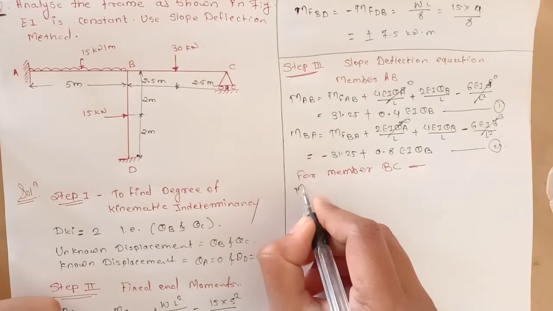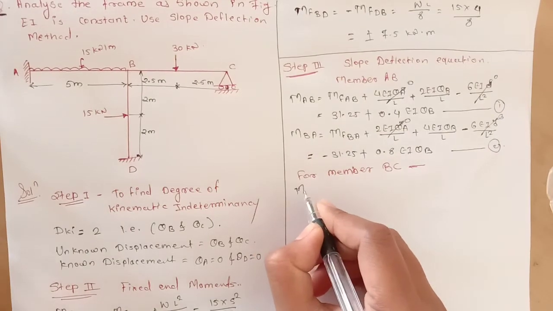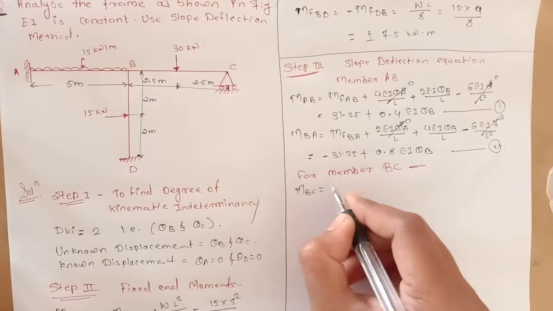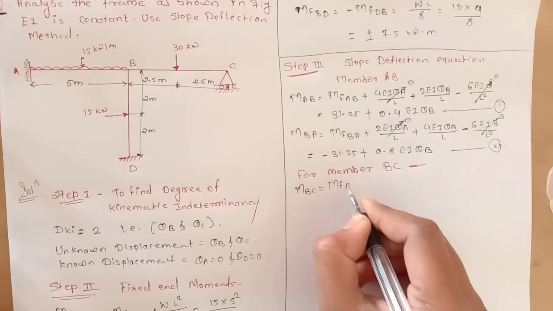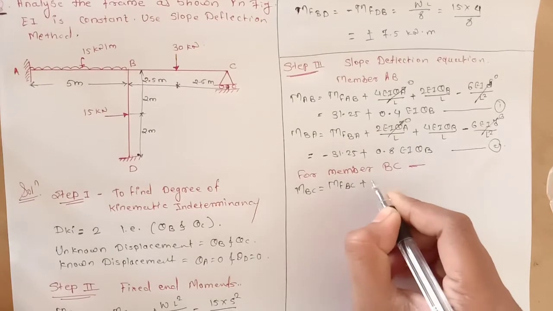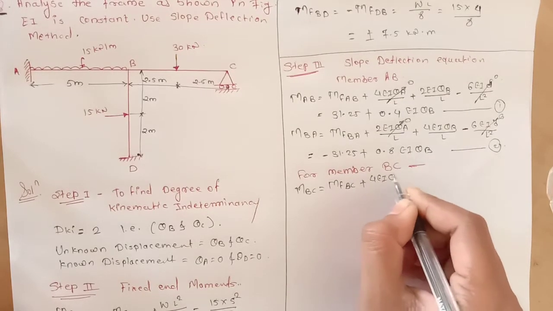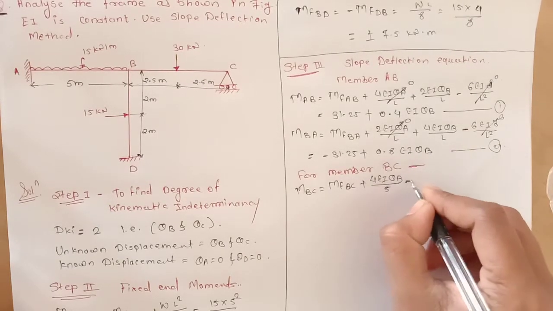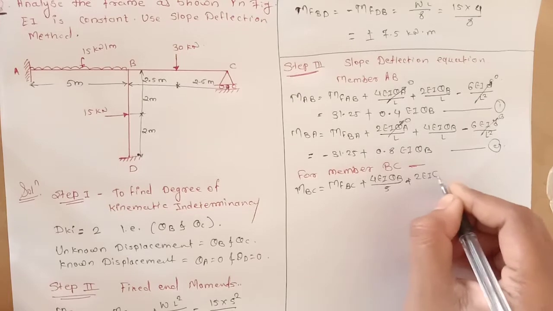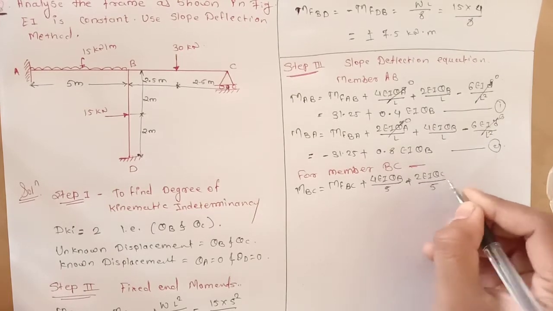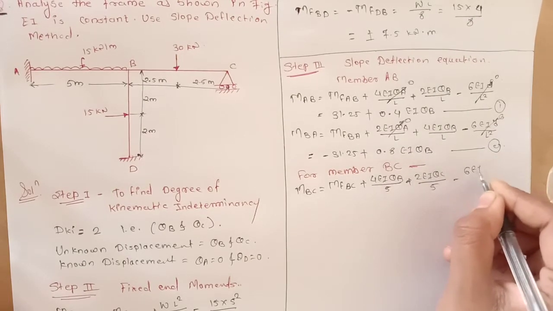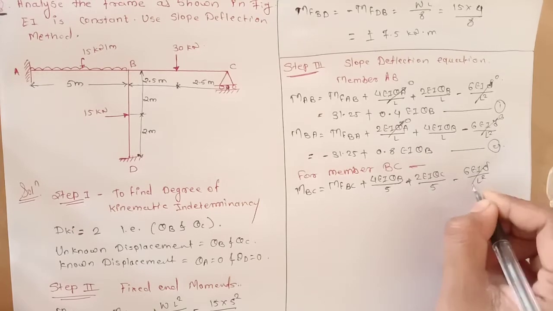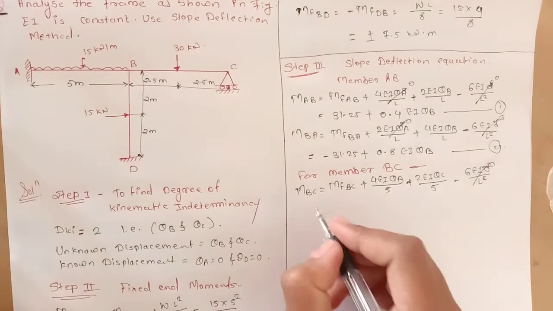So first, the slope deflection equation for member BC. The formula is fixed moment for member BC plus 4EI theta B divided by L, where L is 5 meter, plus 2EI theta C divided by L minus 6EI delta divided by L square. Here the delta term is equal to 0.